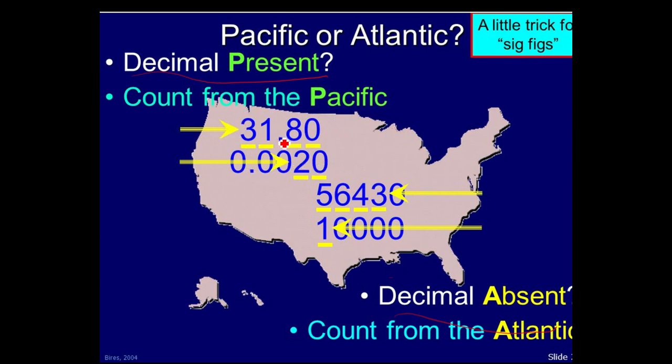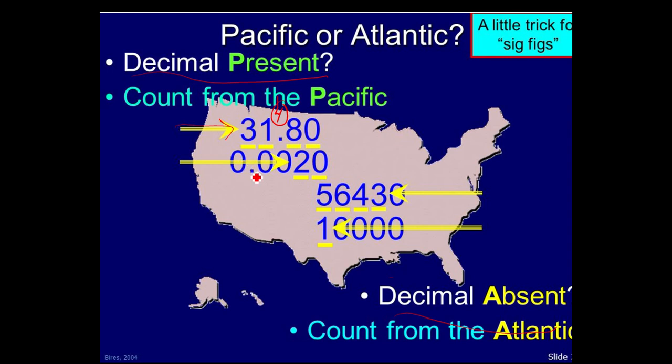It has a decimal present, so go from the Pacific and stop once you hit a non-zero number. You obviously hit the 3 right away. It's a non-zero number. So then everything else counts. So 31.80 will have 4 significant digits. Does it fit the rules that I just told you? Yes, that 0 is to the right of a number and to the right of the decimal place. So it fits the rules, and the trick works.